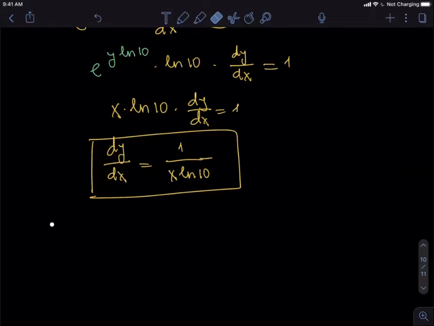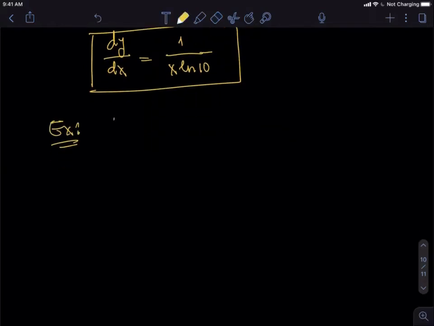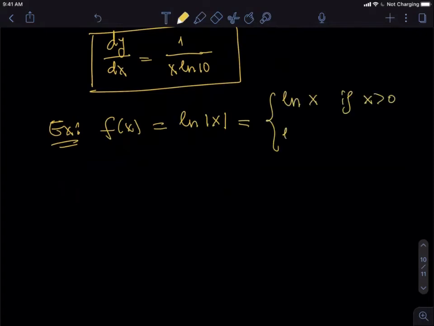Another important example is the function that is the natural logarithm of the absolute value of x. This means this is the logarithm of x if x is positive, and the logarithm of minus x if x is negative, and 0 is not in the domain.